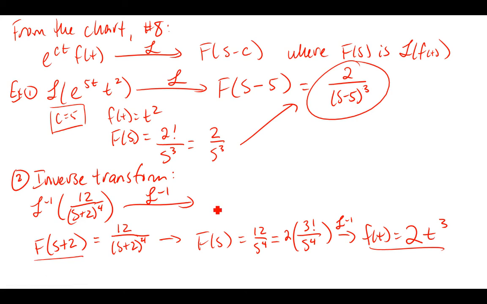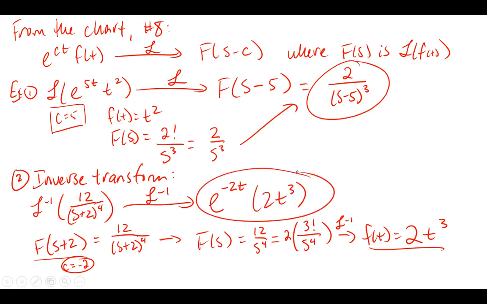So if I go backwards now, this is e to the, now here's where I have to write, this was s minus c, so c must be negative 2. Right, that would tell me c is negative 2. Times little f. And that would be the answer.